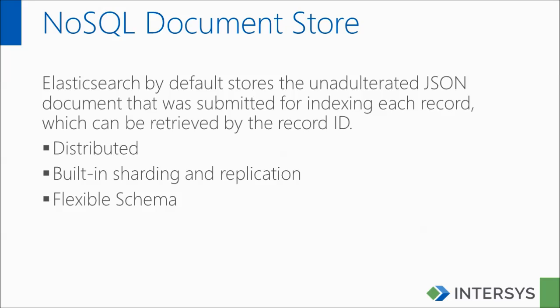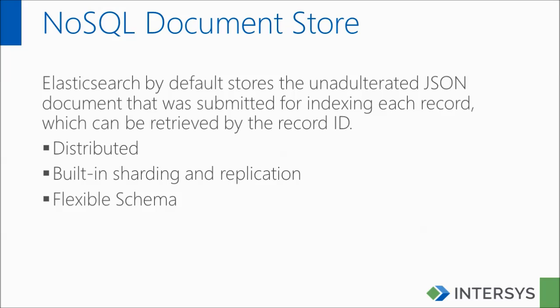So you can use this as a NoSQL document store in the right scenario, and take advantage of the fact that Elasticsearch is all distributed and has built-in sharding and replication, and it's got a flexible schema. Some people like to say it's schemaless, but that's really not accurate. It will auto-generate a schema, but you still kind of have a schema, and most of the time in production you're going to want to define your own schema, so we'll compromise and say flexible schema.